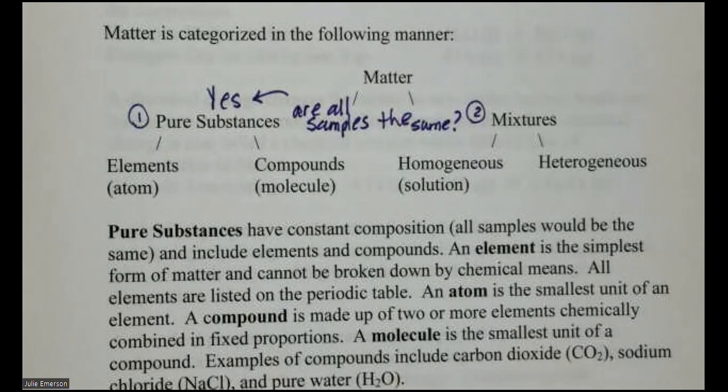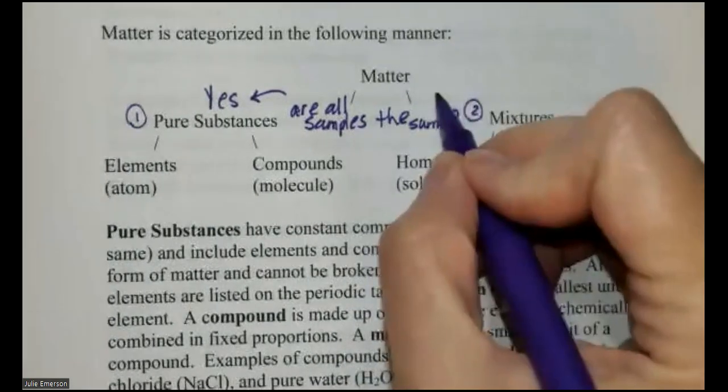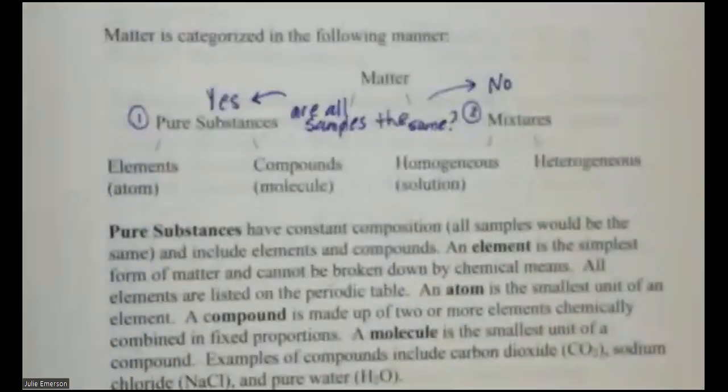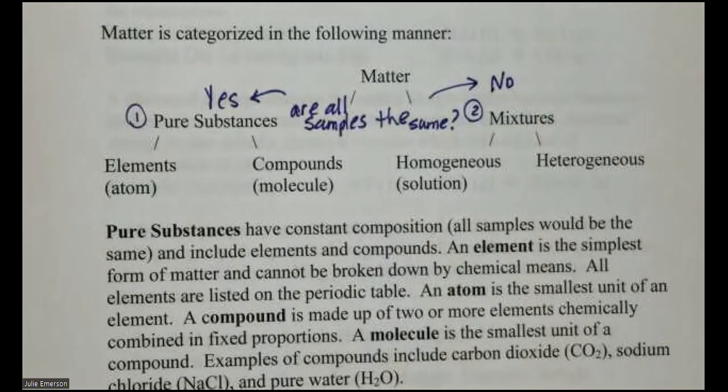What's another example? Like a piece of aluminum, right? The makeup of that aluminum, it always is the same. All right. Now with mixtures, the samples are not the same. So if I have salt water, for example, okay, salt water from where? From the Gulf, from the Atlantic, or is it a saltwater solution that I made?